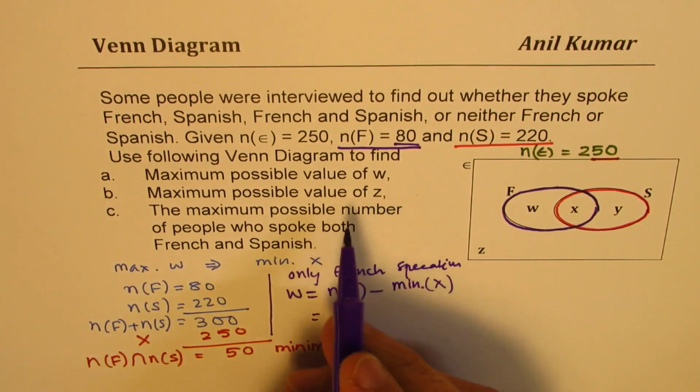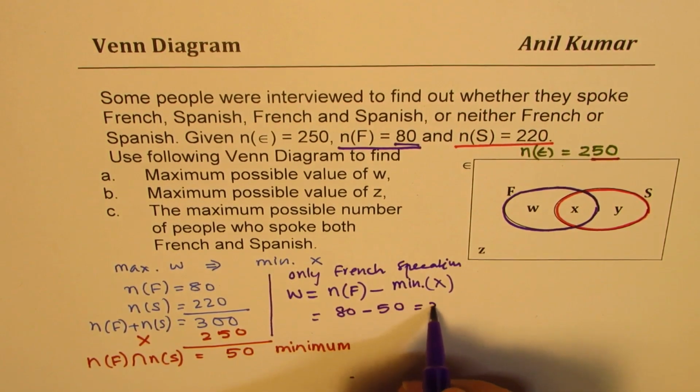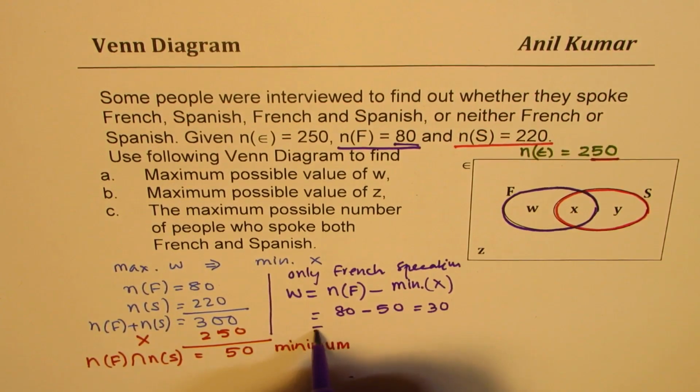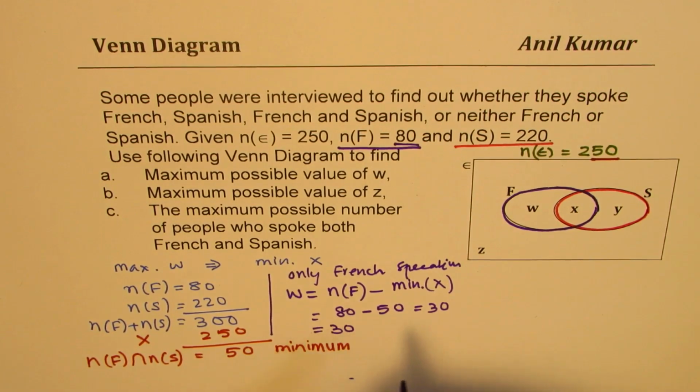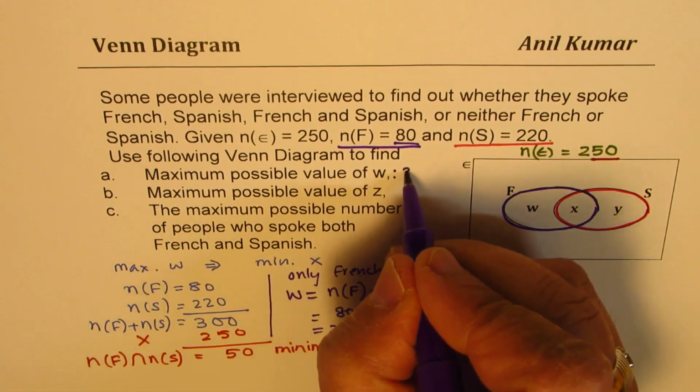So we have 80 minus 50, and that gives you 30. So the maximum possible value of W could be 30. So we got one answer.